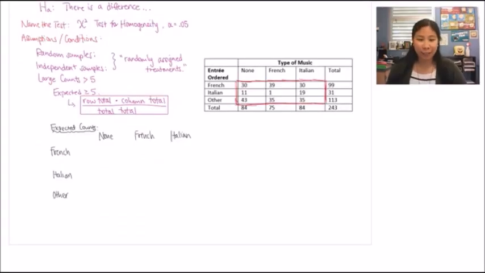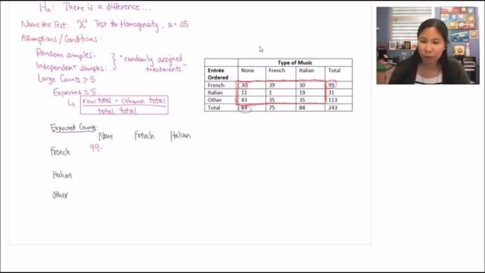So to calculate our expected counts of each of our data values here, I'm going to start with the people who listened to no music and ordered French food. So we observed a value of 30, but our expected count would be the row total of 30. So 30 is here, its row total is 99, multiplied by our column total.